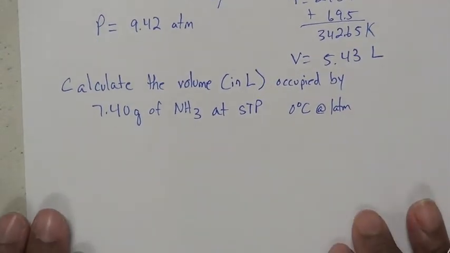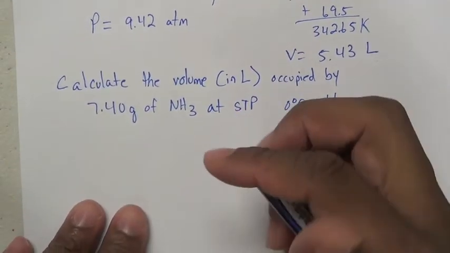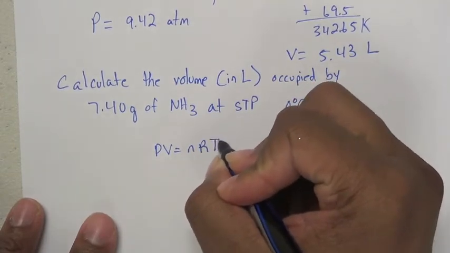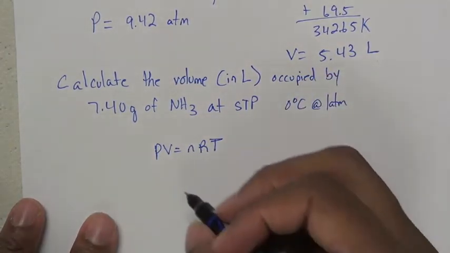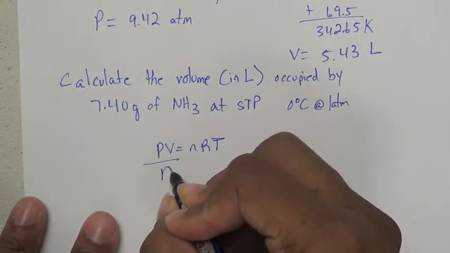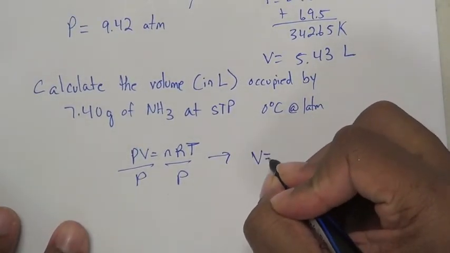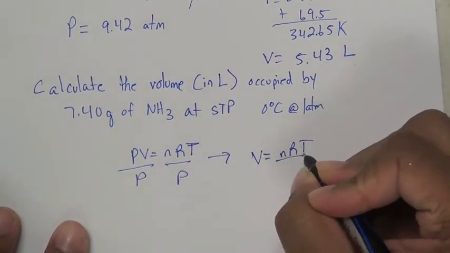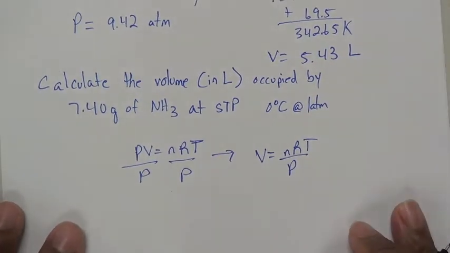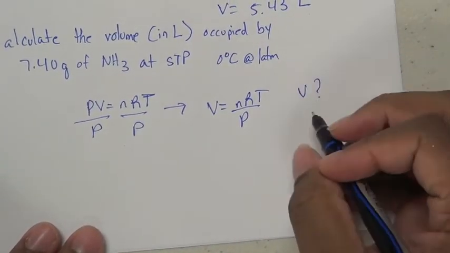If we use the ideal gas law, we want to solve for volume, which is PV equals nRT. We divide both sides by P, because we want to calculate the volume. So V equals nRT divided by P. Using the same steps, we're looking for volume.